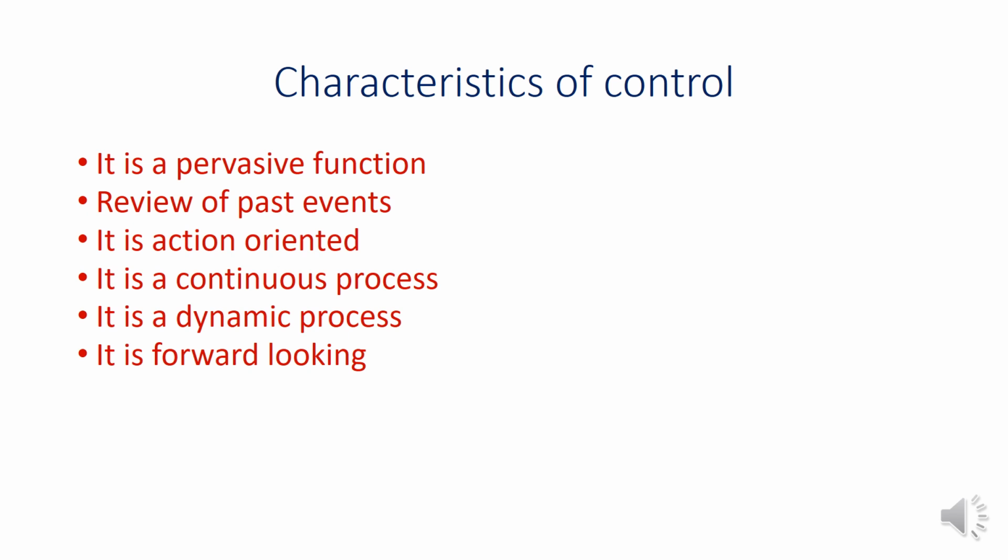That is why it is called action oriented, and it should be continuous and dynamic. Whenever any change is required, you have to do it dynamically. Then only can you get your outcome as expected, equal to your standardized value. If you complete this, we will look for further improvement. These are some of the characteristics of control.